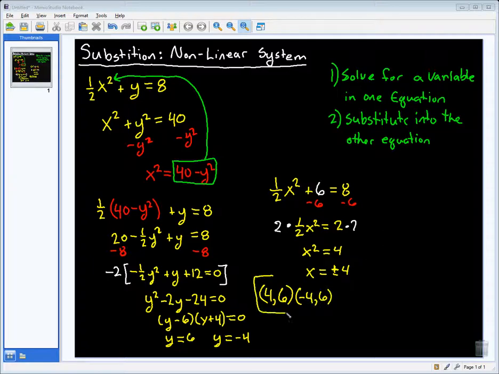Now I need to do the same thing with the answer of negative 4. So I'm going to have 1/2 x squared plus a negative 4 equals 8, which means I'll want to add 4 to both sides.